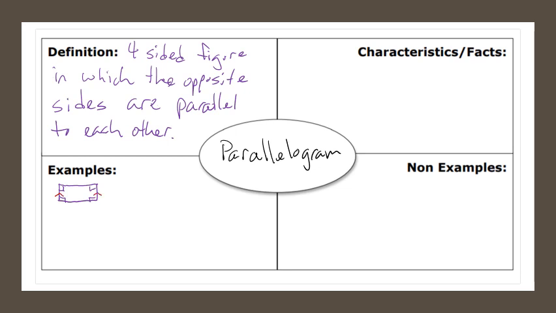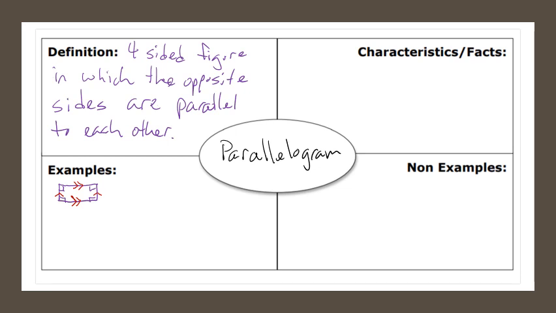The left side and right side have single arrow marks, so they are parallel. Because I have double arrow marks on the top and bottom, those sides are parallel too. So a rectangle is a special parallelogram.